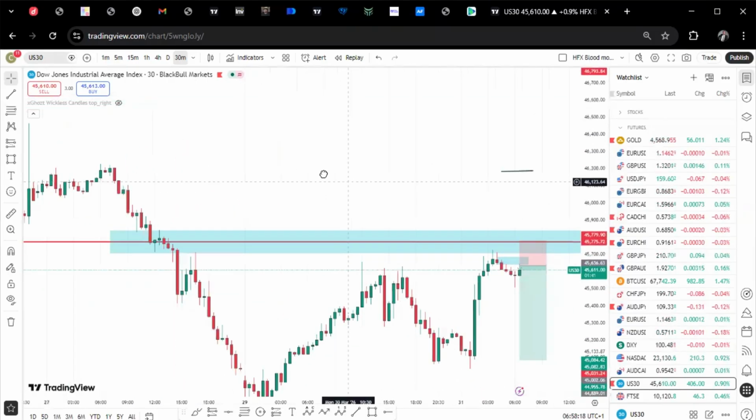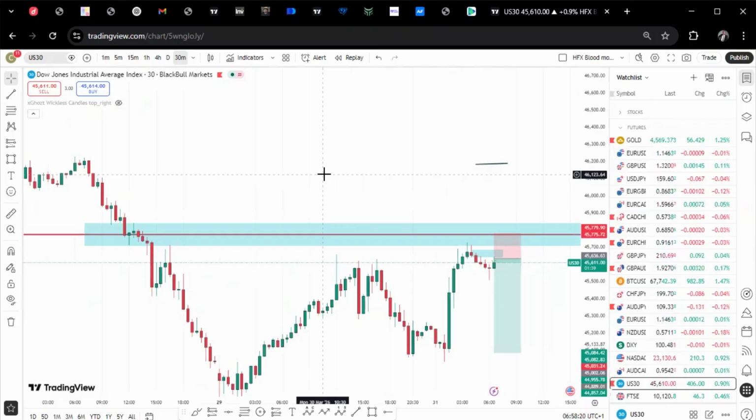Now, if it's just two FVGs, you can take the one closest to you, right? But to be on the safer side, allow your SL to cover the high of the second FVG. If there are four FVGs, choose the second one. Sometimes if you see those three FVGs, use Fibonacci to get the half of it.